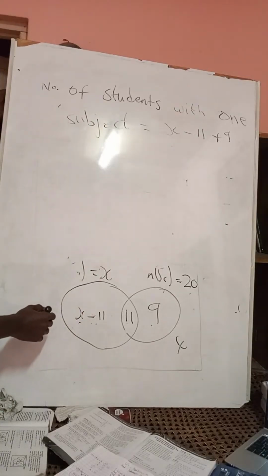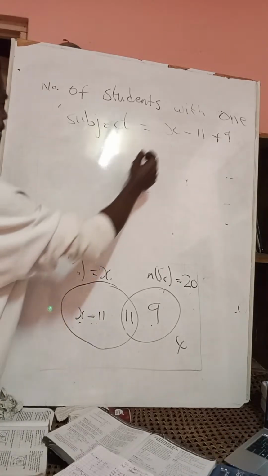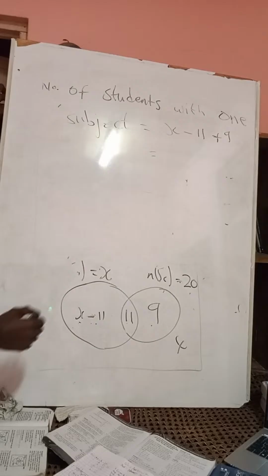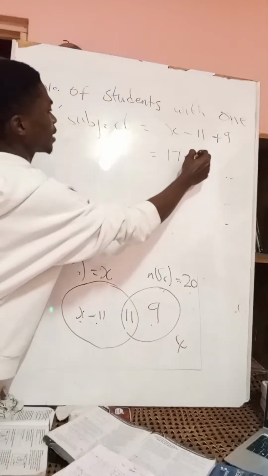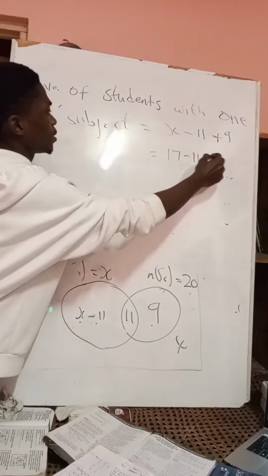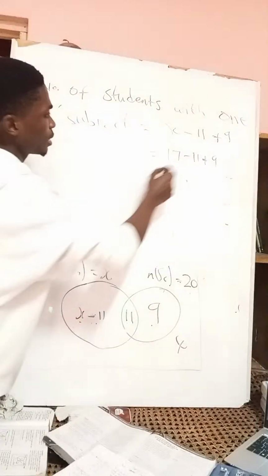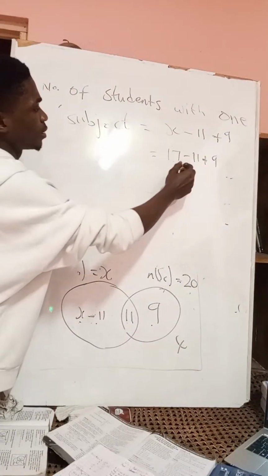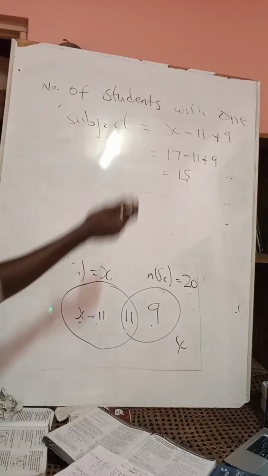You got 17. So here it will be 17 minus 11 plus 9. 17 minus 11 is 6, right? 6 plus 9 is 15. So the number of students with one subject is 15.